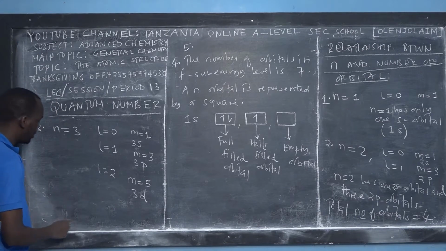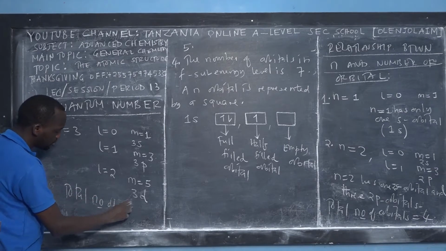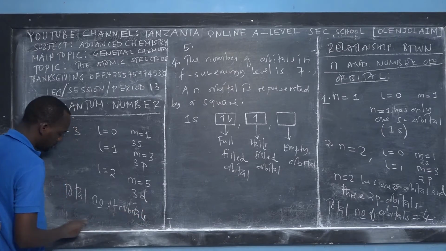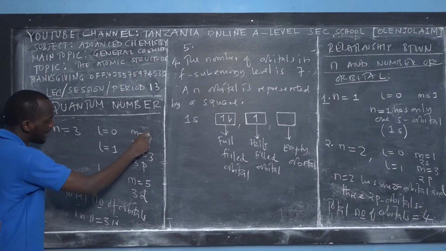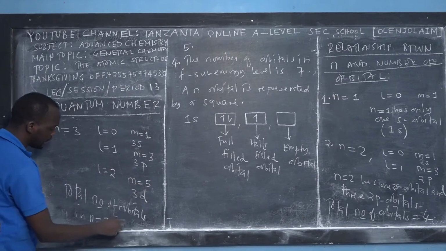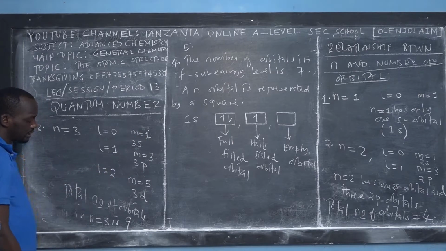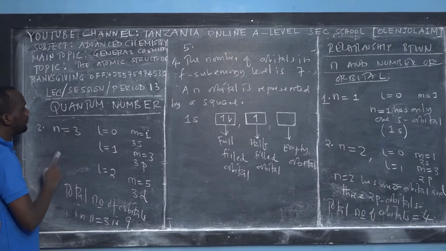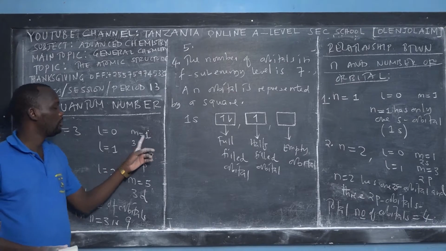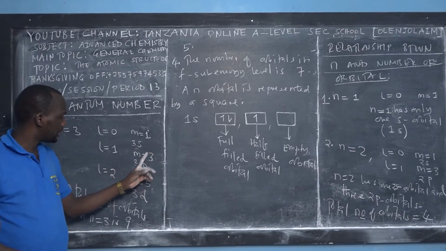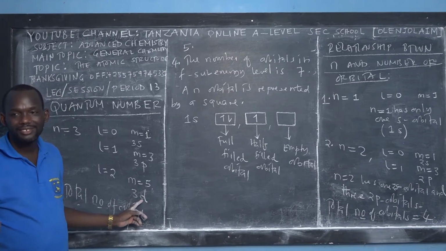So if you ask for the total number of orbitals when n is equal to 3, it is 1 plus 3 plus 5, which is equal to 9. So for the principal quantum number n equal to 3, we have 9 orbitals: 1 of s, 3 of p, and 5 of d.